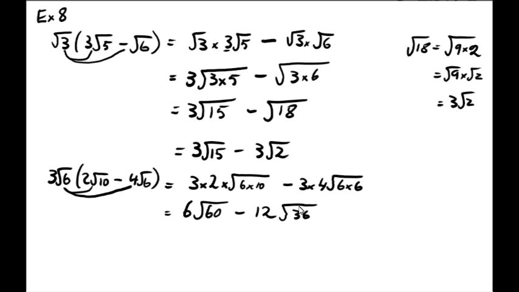Now, it just so happens 36 is a perfect square, 6 squared is 36. So we can simplify that straight away. And we can probably simplify 60 as well as 4 times 15.